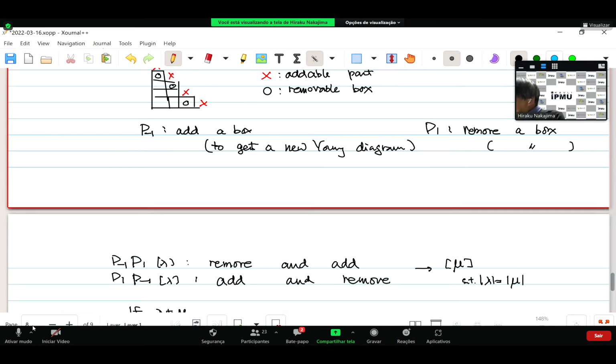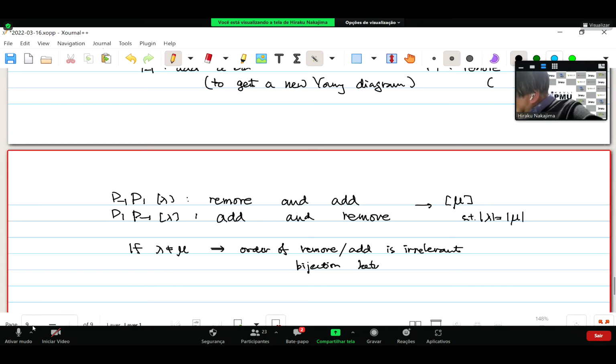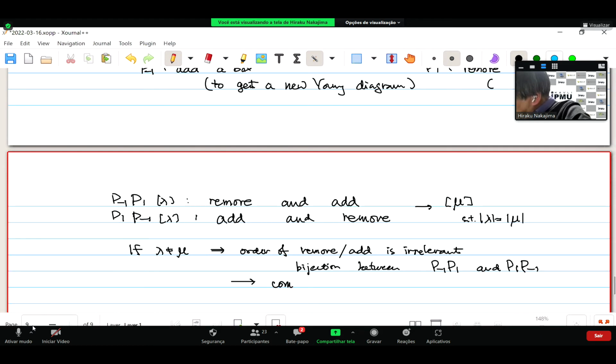But then the order of remove and add is irrelevant. So in particular, there's a natural bijection between P minus 1, P1 and P1, P minus 1. So if you compute the commutator, this commutator vanishes.